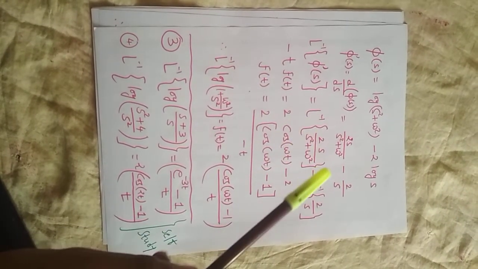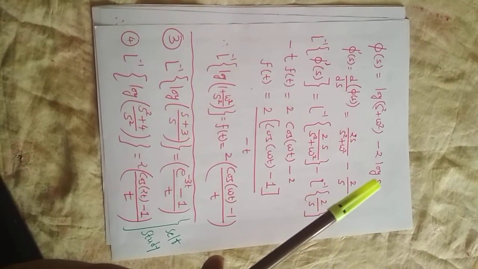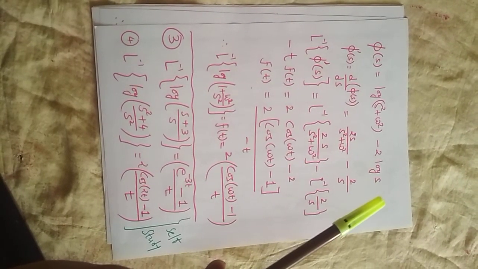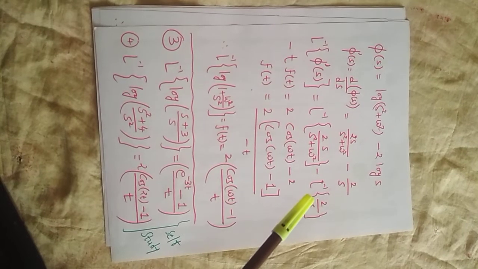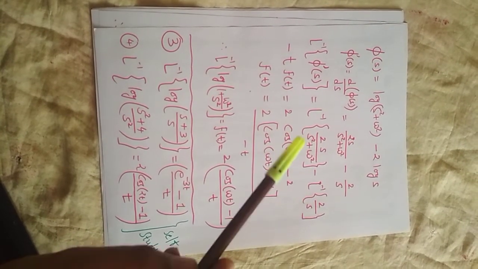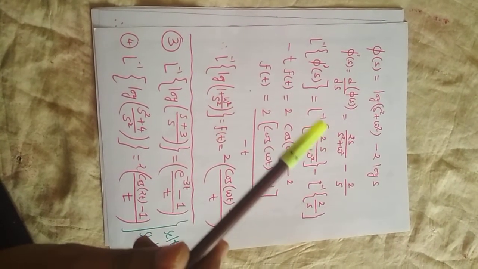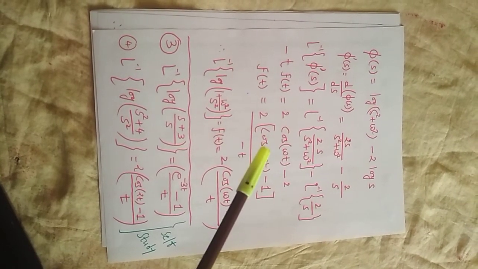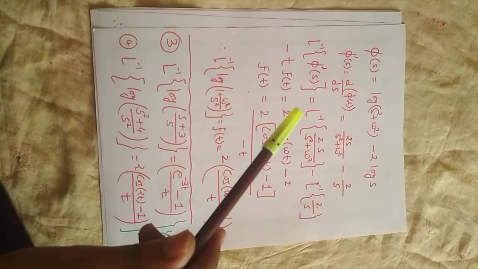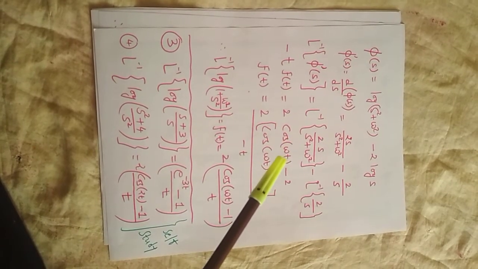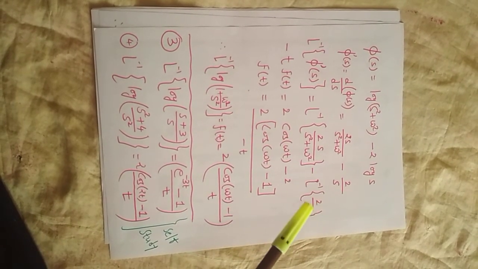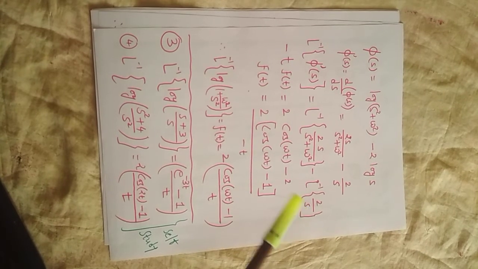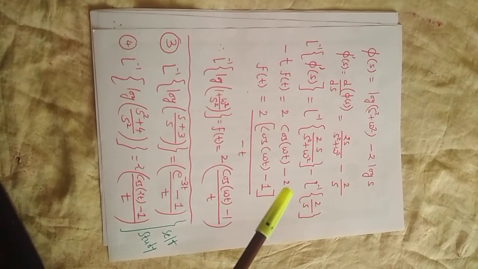Now we know both inverse Laplace transforms. So we can apply the inverse Laplace on the right-hand side: 2 common outside and cos omega t, and here 2 common outside, and 1 upon s is the Laplace of 1, so this is only 2.